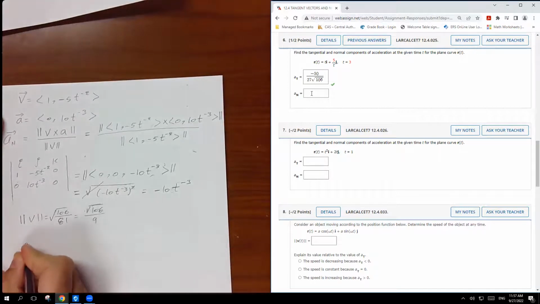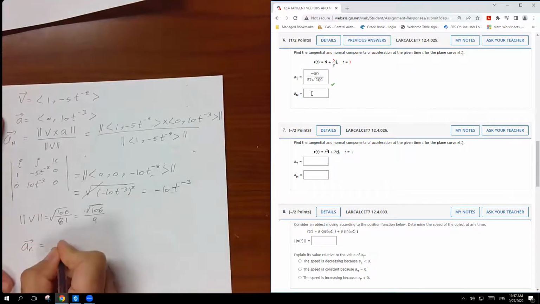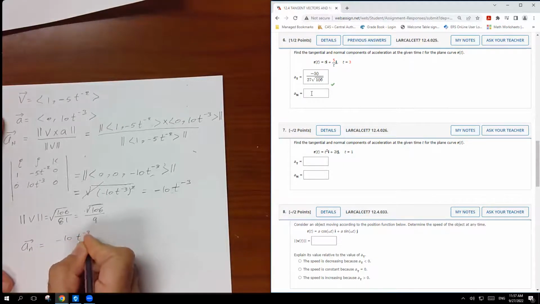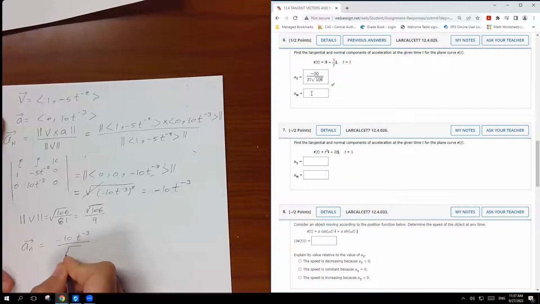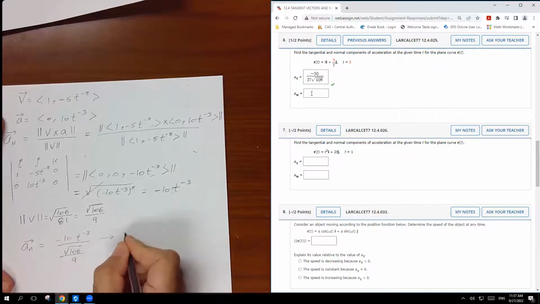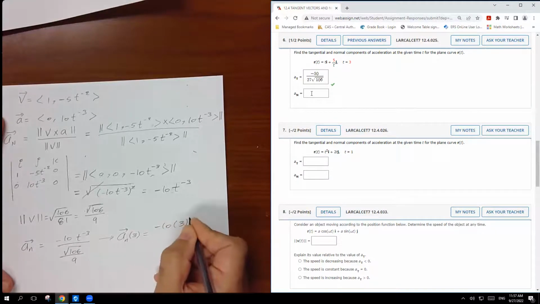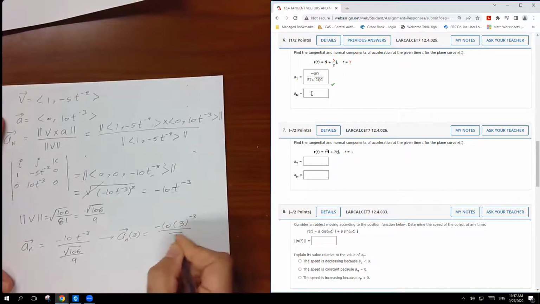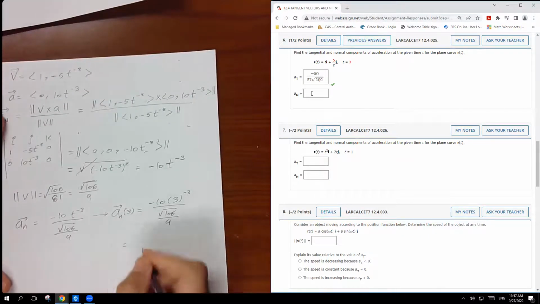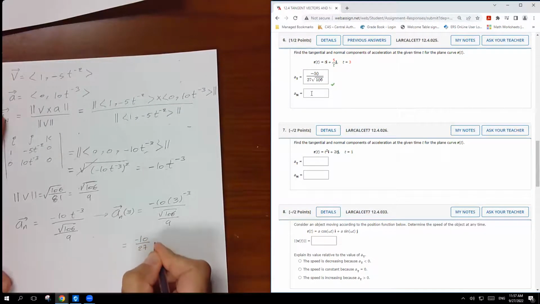Now A N is going to be negative 10 T to the negative 3 over square root of 106 divided by 9. That means A N with the T equal 3 is going to be negative 10, 3 with negative 3, divided by 106 over 9. So it's going to be negative 10 over 27 times 9 over square root of 106.